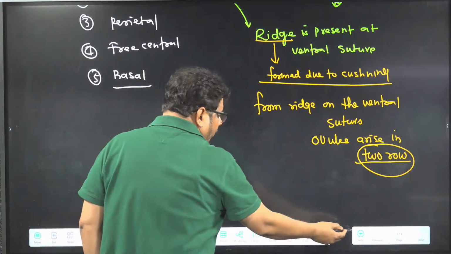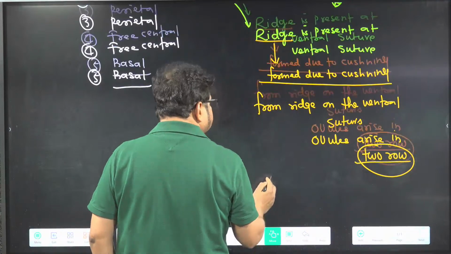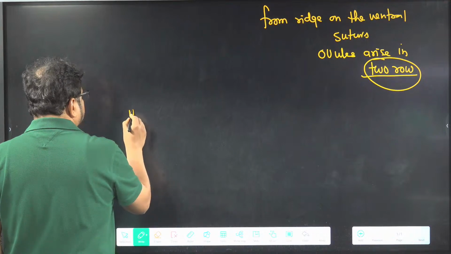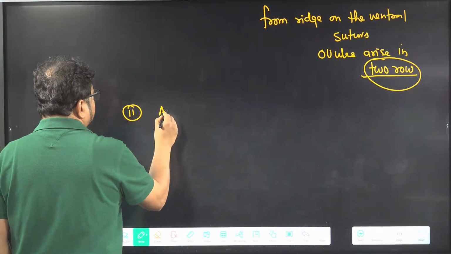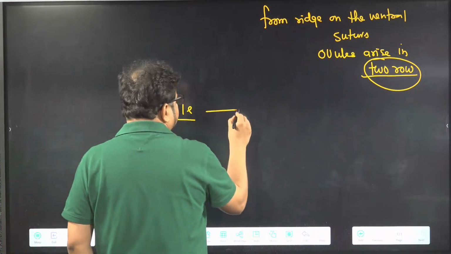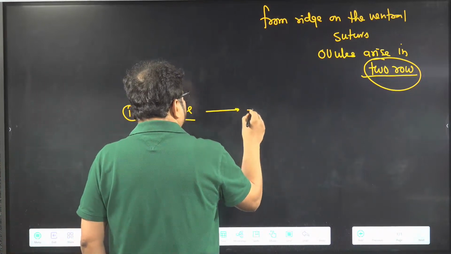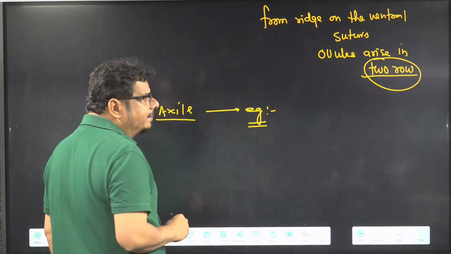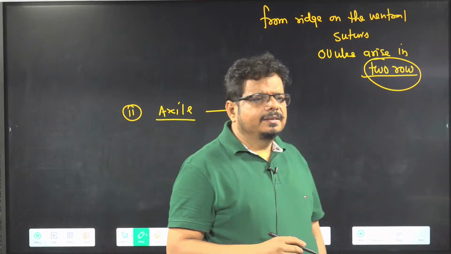Now we are coming to the second type of placentation, that is axile. Axile kind of placentation. First, the examples. Try to answer without looking at your NCERT. I am just looking toward your screen.